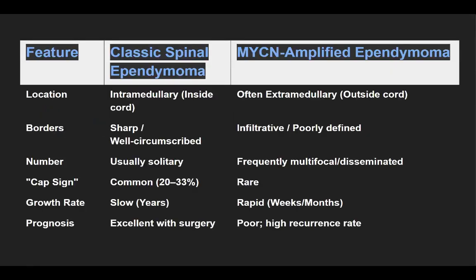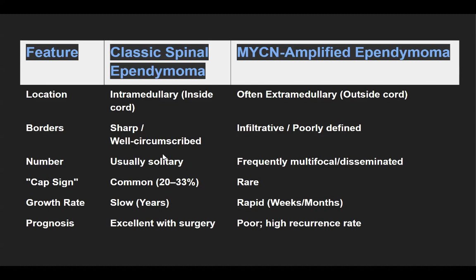This is a comparison just so that it's easier for you to remember. If you don't understand this through the session, you can always go back to the PPT and take a look. So the location is usually intramedullary for classic spinal ependymomas. For MYCN amplified ependymomas, they are often extramedullary or intramedullary with exophytic components.